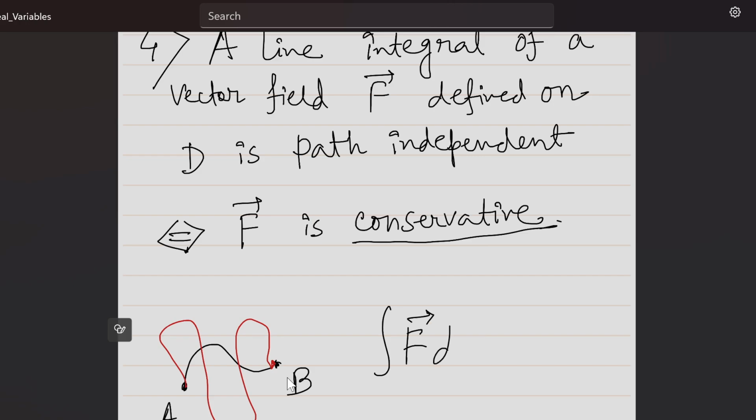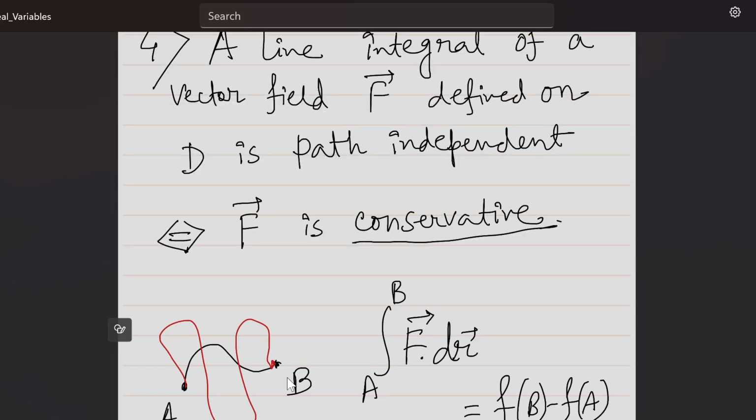Suppose you have to find the integral of F dot dr from A to B. If F is conservative, that means F equal to gradient of some function f, then this integral does not depend on the path. It depends only on the endpoints A and B. So this is f of B minus f of A. So this F is called conservative vector field.